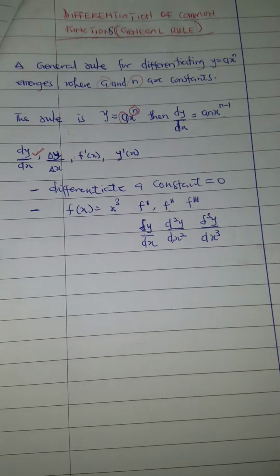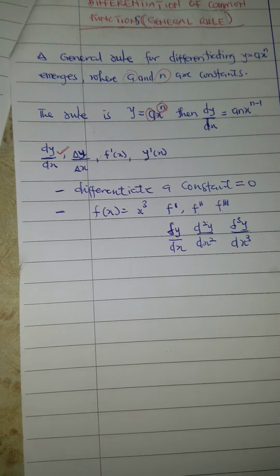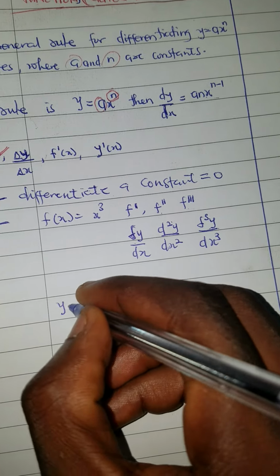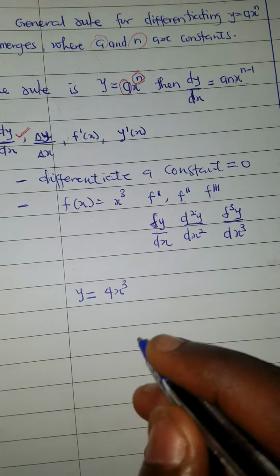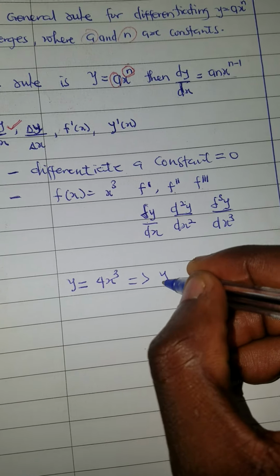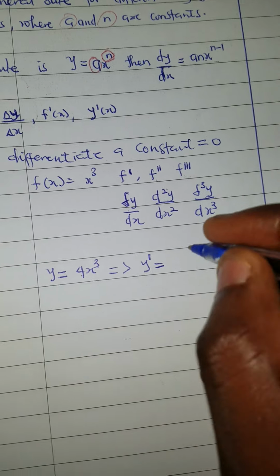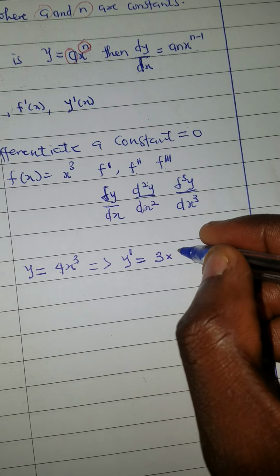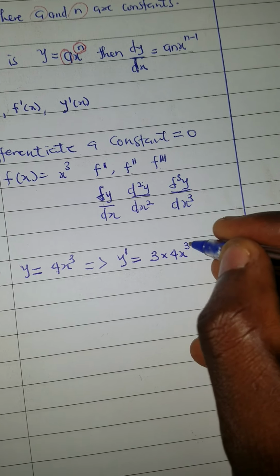So let's use our general rule to differentiate some simple functions. For example, if I'm given y equal to 4x cube, to differentiate this, y prime is equal to, multiply the power 3 by the whole thing, which is 4x cube, and then subtract 1 from the power.